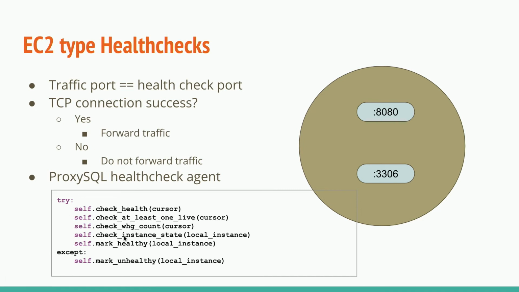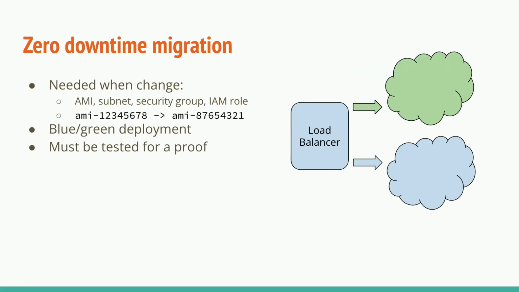If everything is fine, it marks the instance as healthy, and if it gets an exception on any of these, it marks the instance unhealthy, and then the instance gets replaced. Okay, the point of this: use EC2 type checks. It gives you much more control over instance replacement. Now, zero downtime migrations.